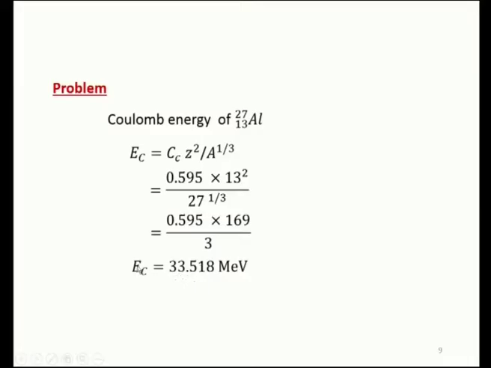So I get 33.518 MeV. This is the Coulomb energy of aluminium 27.